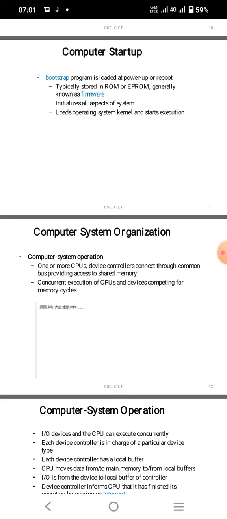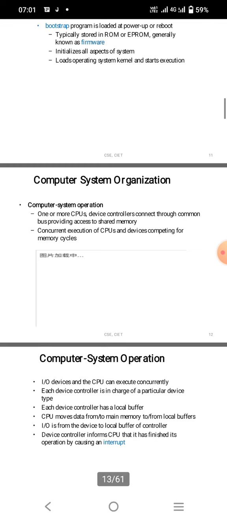Next is computer system organization. Computer system operation: one or more CPUs and device controllers are connected through a common bus providing access to shared memory. The CPU and devices can execute concurrently, competing for memory cycles. Each device controller is in charge of a particular device type and has a local buffer.